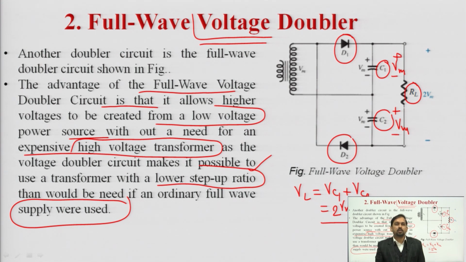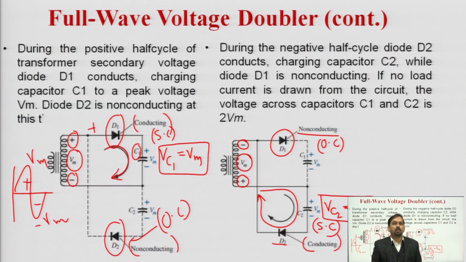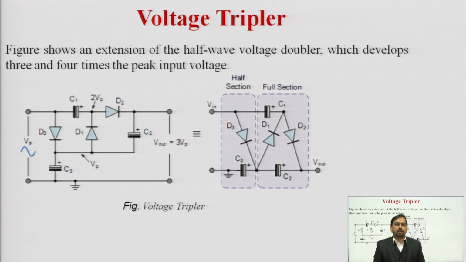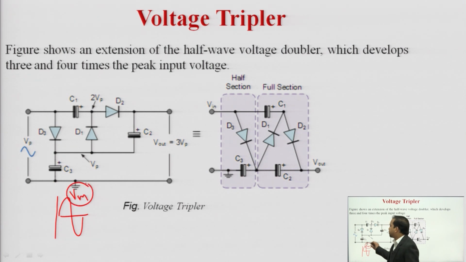Now, in continuation with this voltage doubler circuit, we will have the voltage tripler circuit. As the name suggests, voltage tripler means the output voltage is 3 times the peak value of the input signal, where the peak value is given by Vm.